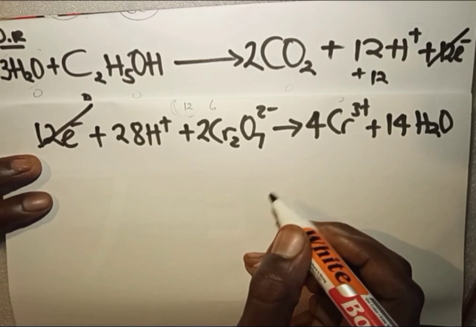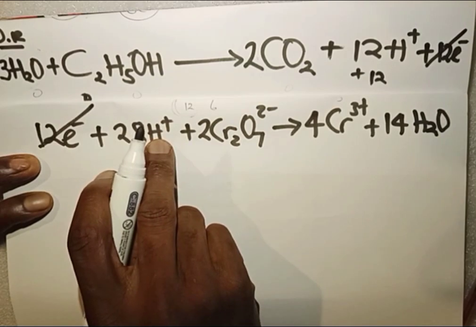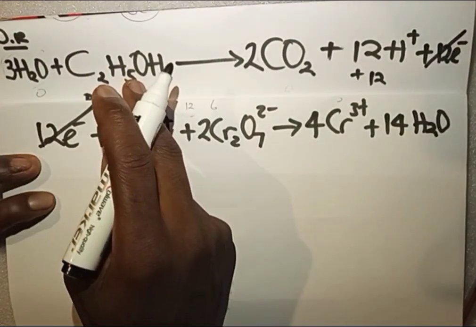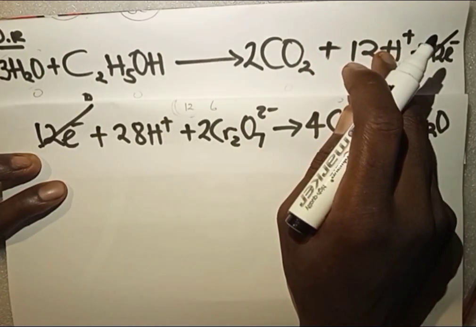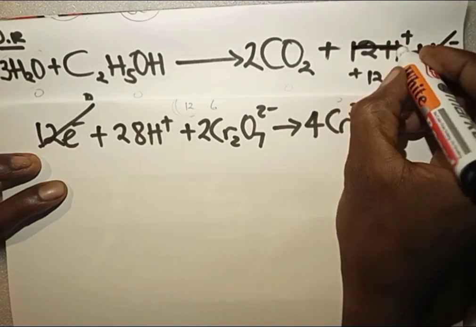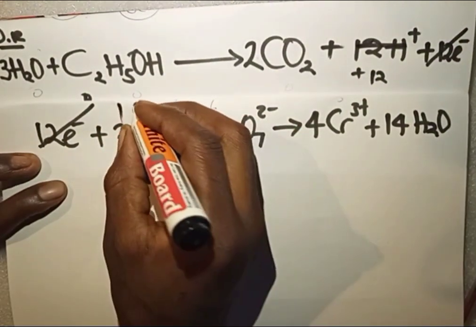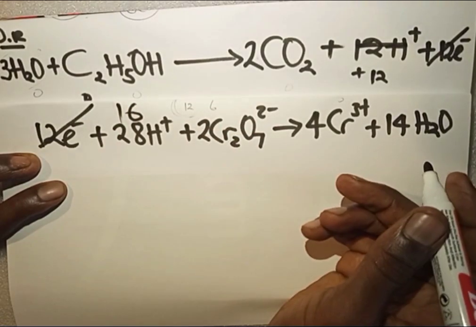Okay? What will happen to this reactant and this product? This is 28, this is 12. When this one comes this side, since they are like terms, it will be 28 minus 12, for which this will cancel, and here we will remain with 16 hydrogen ions. What else will cancel here?